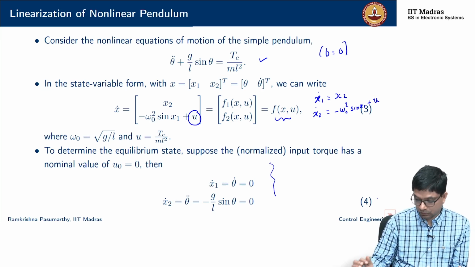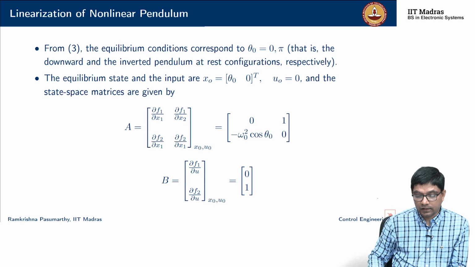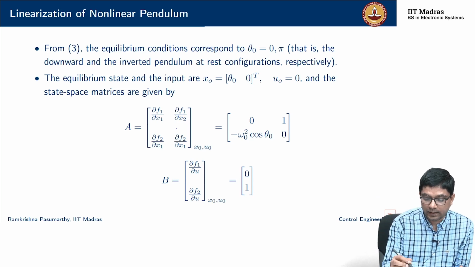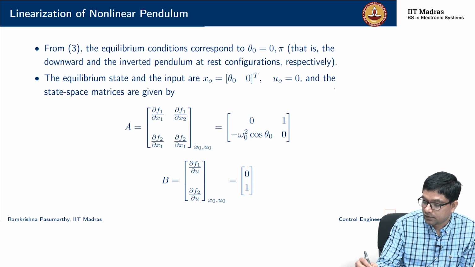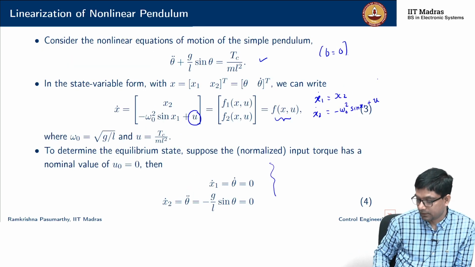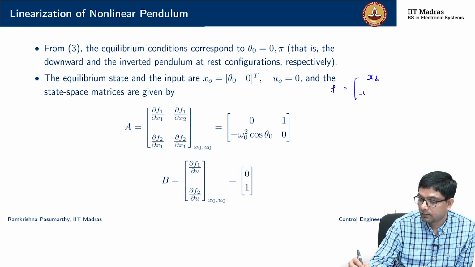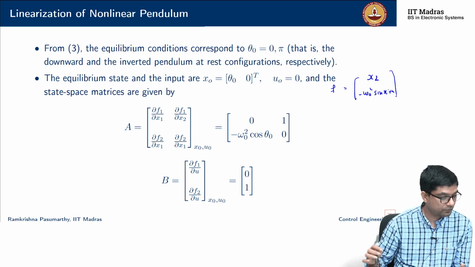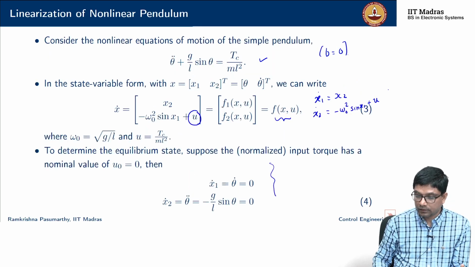So what does my local linearization say? I just write down the f here. So f will be x1 dot is x2, x2 dot is minus omega square sine x1 plus u. So I do the Jacobian of this.